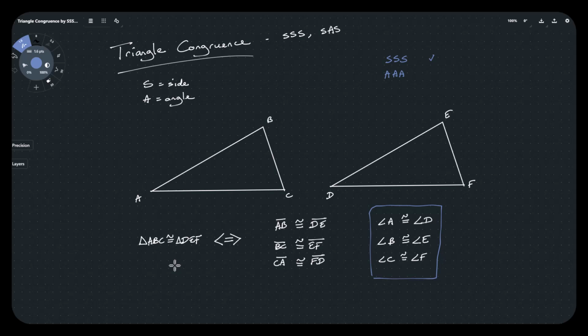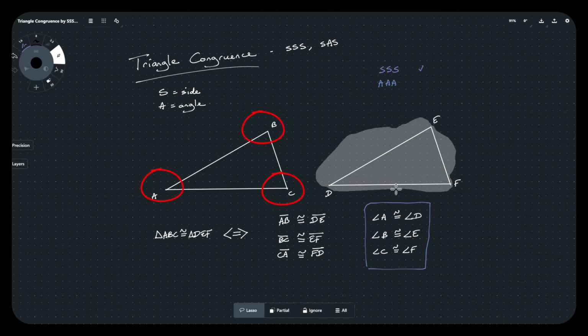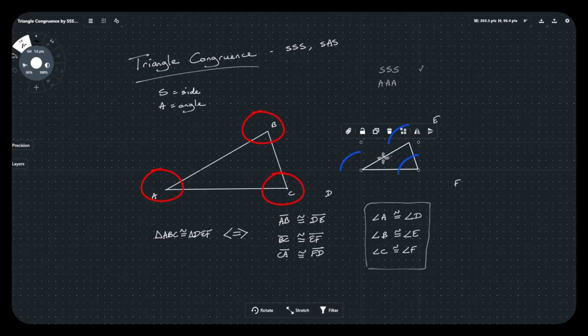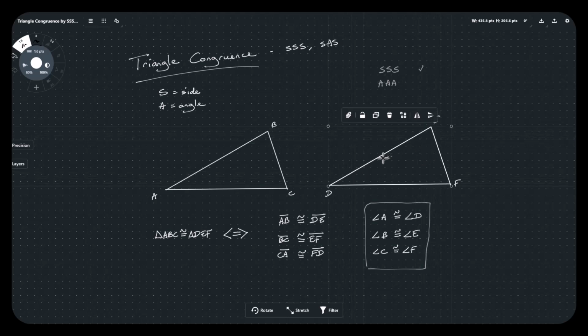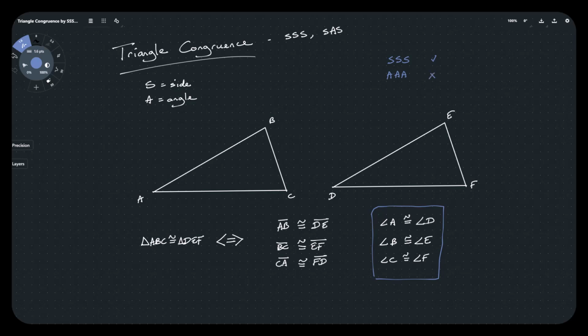Well, it's true that all these angles and all these angles are congruent, but it would also be true that all the angles in the triangle on the left are congruent with all the angles in the triangle on the right if I scaled it. All the angles are still congruent, but the sides are not. This is enough for them to be similar triangles, but not enough to be congruent. So angle, angle, angle is not going to cut it.